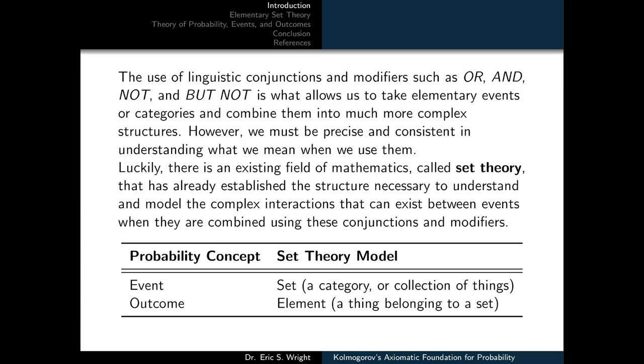Luckily, there is an existing field of mathematics called set theory that already established the structure needed to understand and model the complex interactions that can exist between events when they are combined using these conjunctions and modifiers. So we have a parallel between probability concepts and then the set theory model. Events in the world of probability are going to be equated to sets in the world of set theory, and outcomes from probability will be equated to elements within set theory.